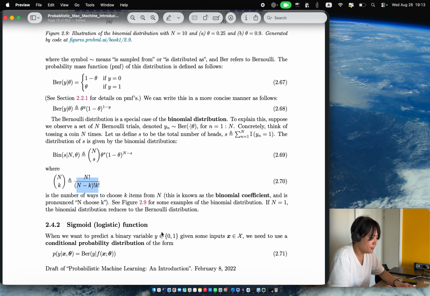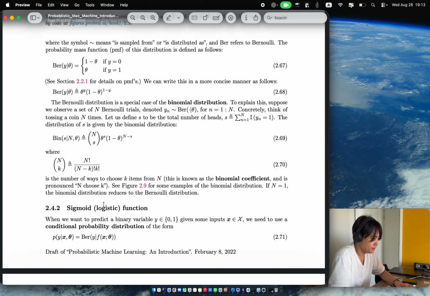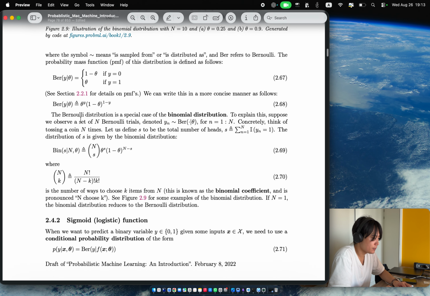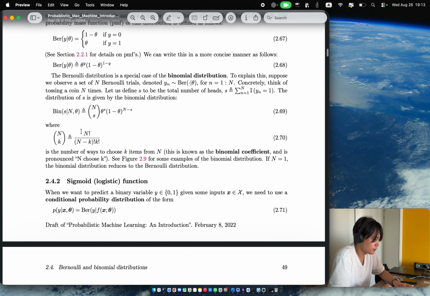So when n equals 1 in the binomial distribution, it will reduce to the Bernoulli distribution. You can think of it as one of the parameters, n, being fixed. n is the number of events, the number of times you toss the coin, so it is reduced to 1.